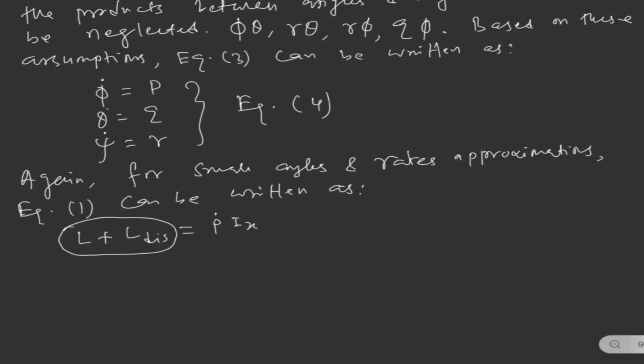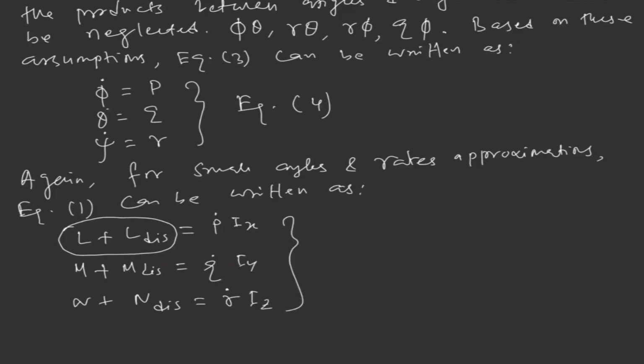And similarly, for the y and z direction, we can write m plus m disk equal to q dot Iy and n plus n disk equal to r dot Iz. Let me define this as equation number 5.